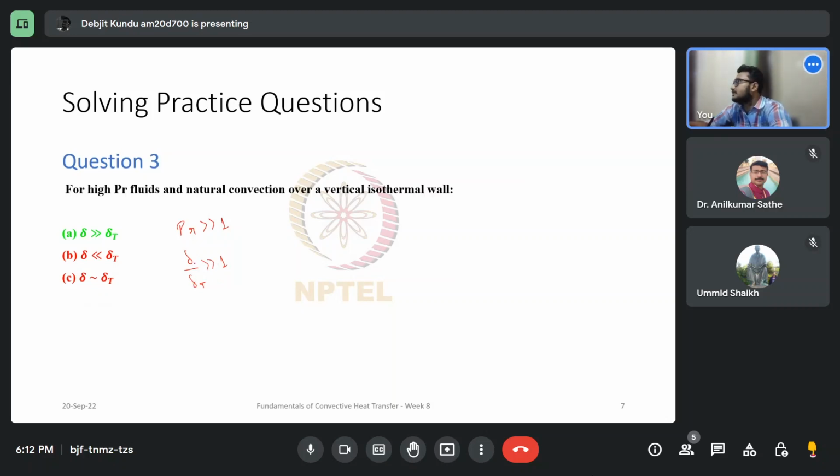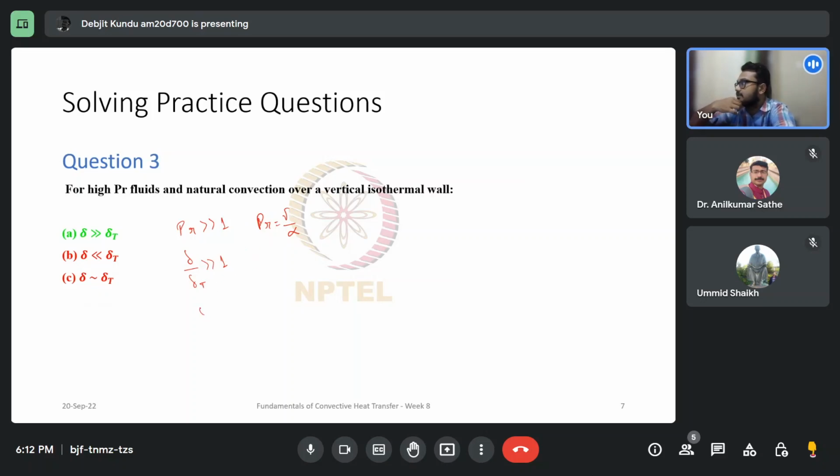Okay, sorry, I did this incorrectly. In high Prandtl number fluids, Prandtl number is mu by alpha, and delta is proportional to mu, and delta T is proportional to alpha.